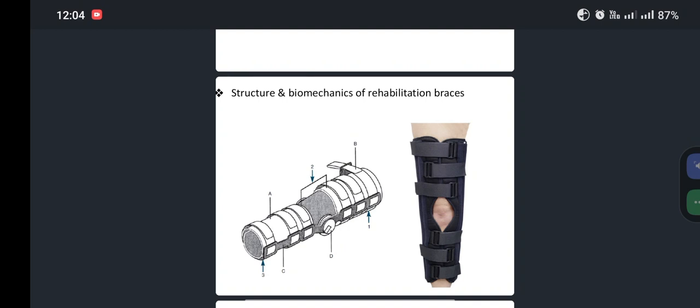So the two forces act against the counteracting force applied on either side of the patella and denoted by number 2.